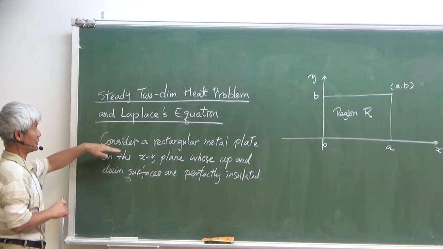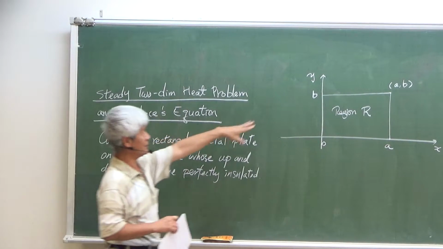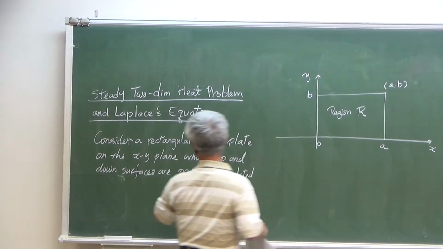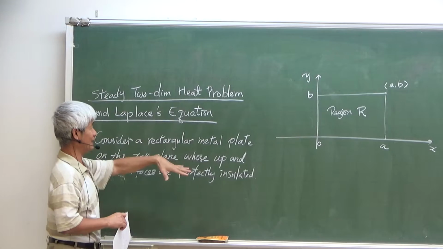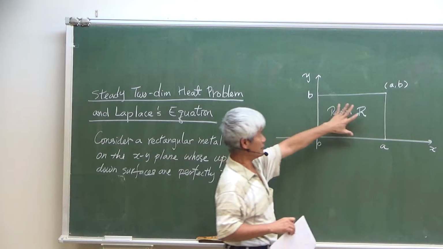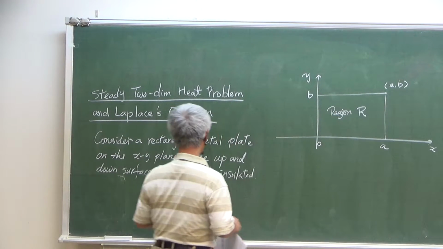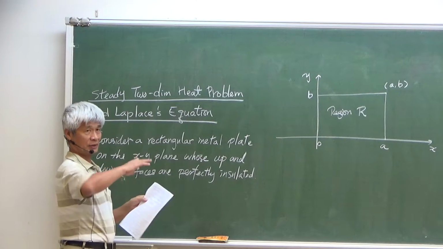So we consider a rectangular metal plate, okay? It lies on the xy plane, and the upper surface and the lower surface are perfectly insulated.